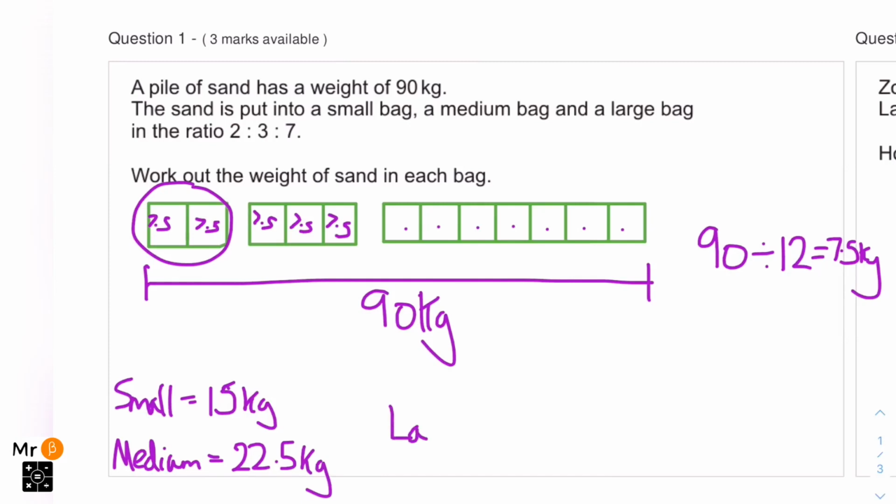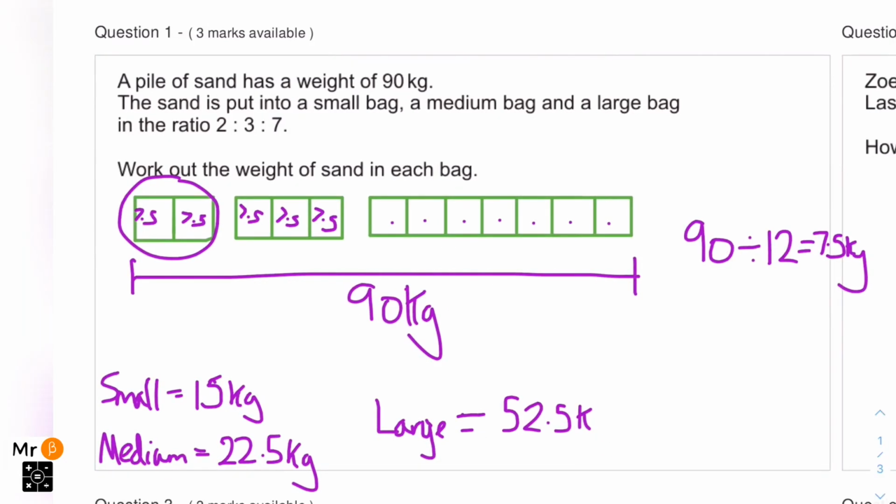And in our large bag, we have 7 lots of 7.5, which gives you 52.5 kilograms. A good way to check that you've got this answer correct is to add your 3 amounts together. So 15 plus 22.5 plus 52.5 equals 90 kilograms, which is what you're expecting because that was the amount you were sharing out at the start.